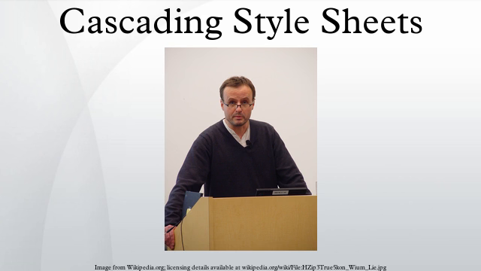CSS1, the first CSS specification to become an official W3C recommendation, is CSS Level 1, published on December 17, 1996. Håkon Wium Lie and Bert Bos are credited as the original developers.